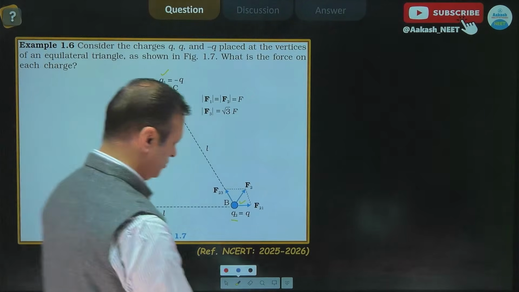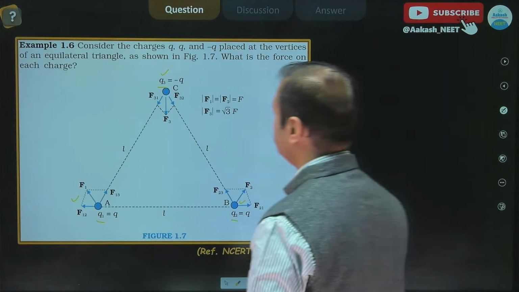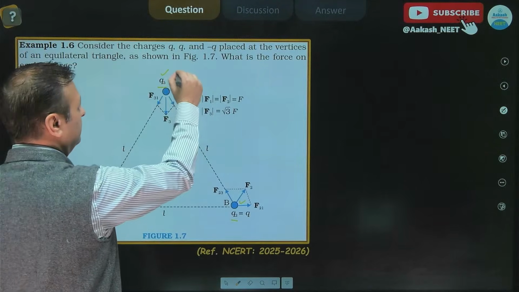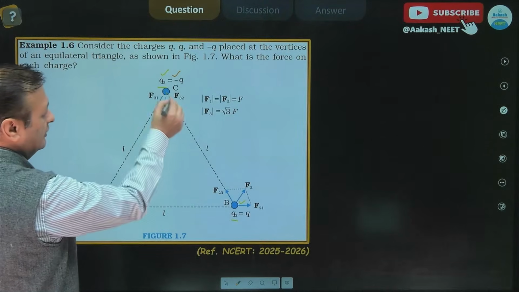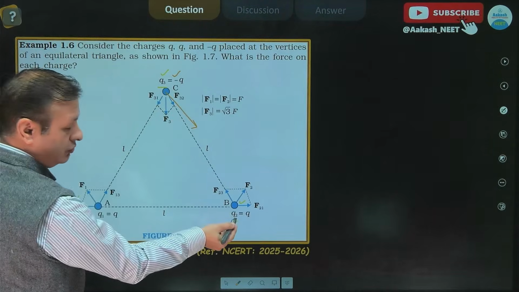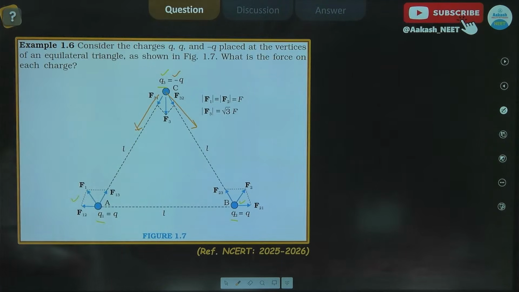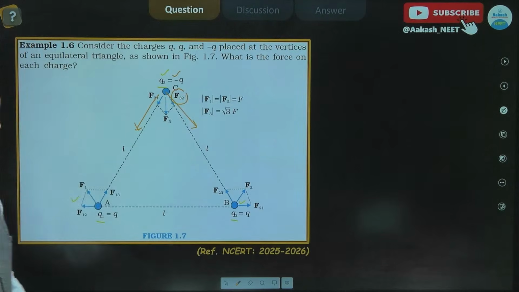So, let's find out the force on each charge. First we'll find out the force on this charge minus q. We know minus q is being attracted towards charge q because that is positive, and also the force experienced by minus q due to charge q1 is there.